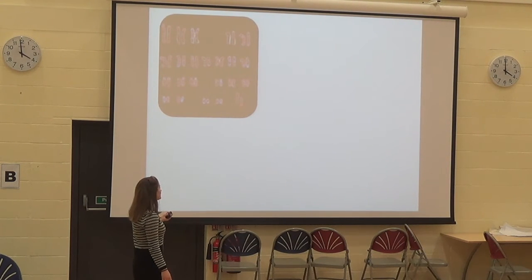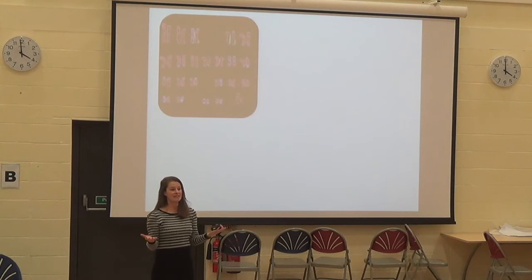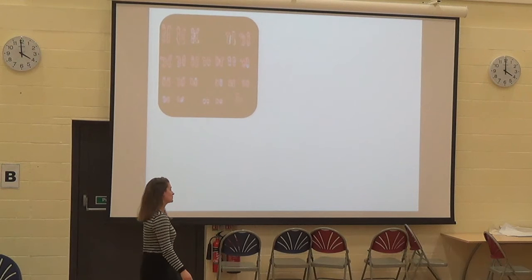So they look really different, but actually we think at one point that these chromosomes were identical, and that they contained exactly the same number of genes, but that over millions of years the chromosomes have diverged and become different, and the Y chromosome has degenerated and lost lots and lots of genes.